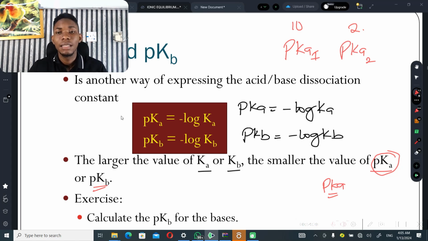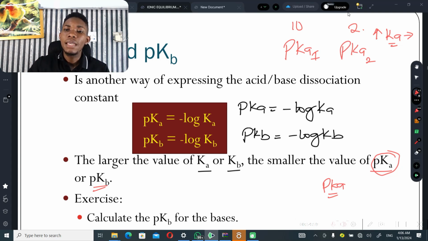Now listen, the one whose pKa is smaller is the stronger acid, while the one whose pKa is higher is the weaker acid. Because the one whose pKa is smaller has a very high Ka. And the higher the Ka, the stronger an acid is. Is that okay?